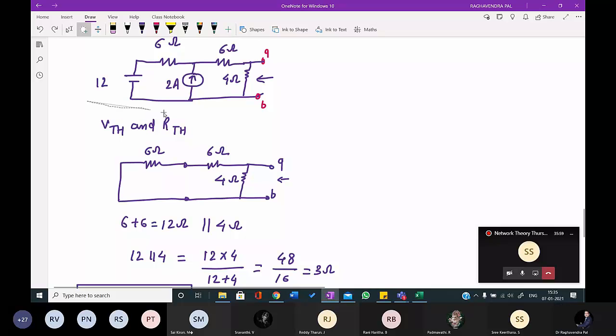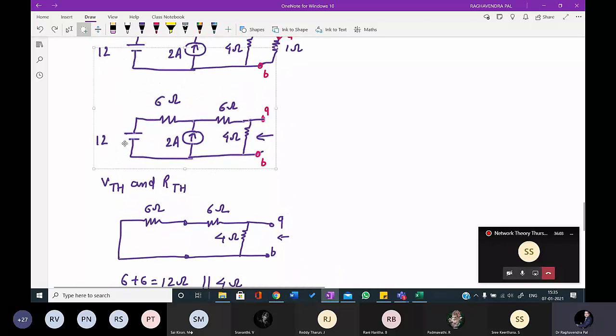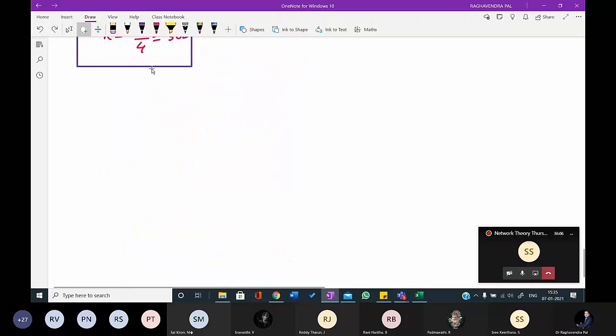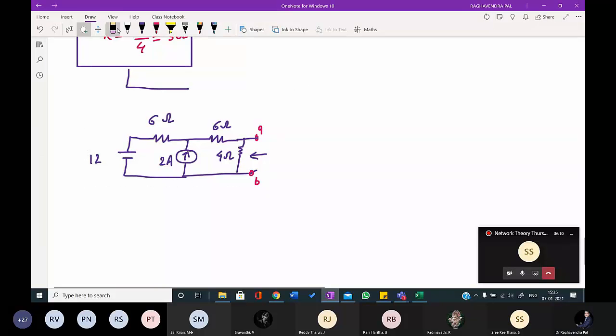It is the voltage across this resistor, 4 ohm. So how to calculate it? Little bit lengthy but easy.